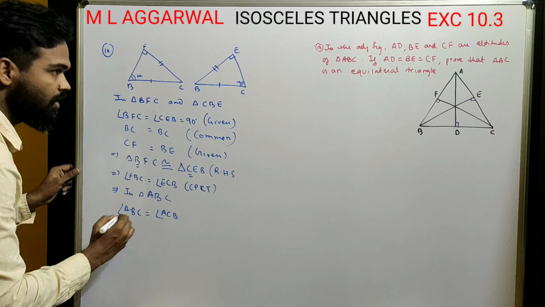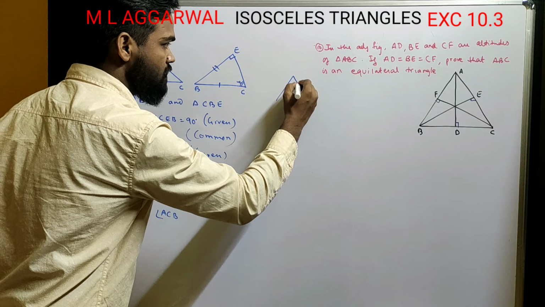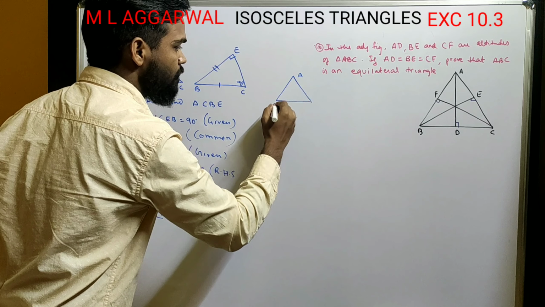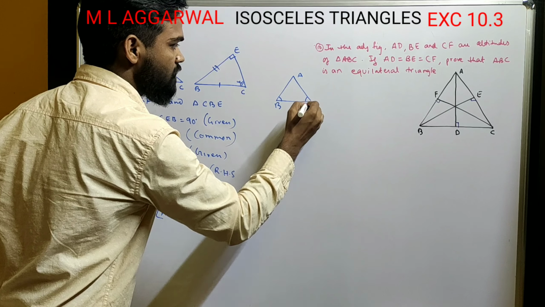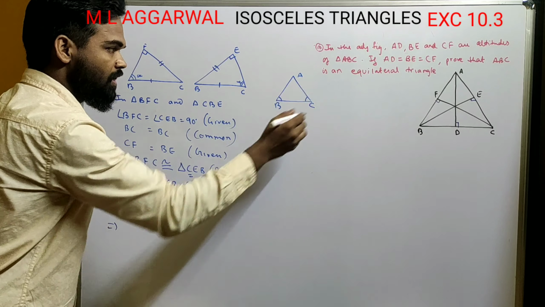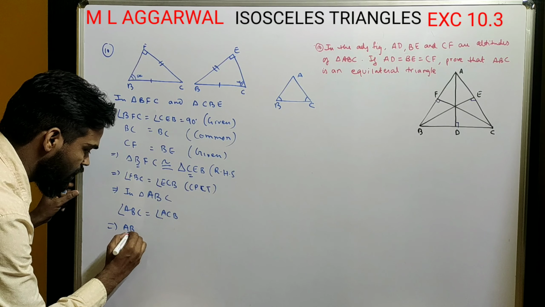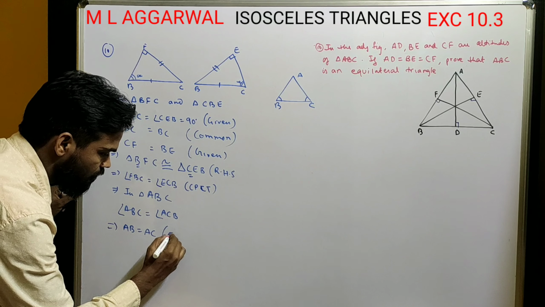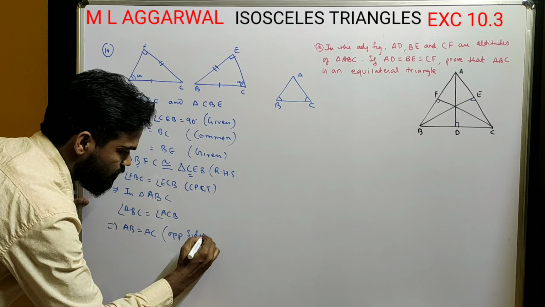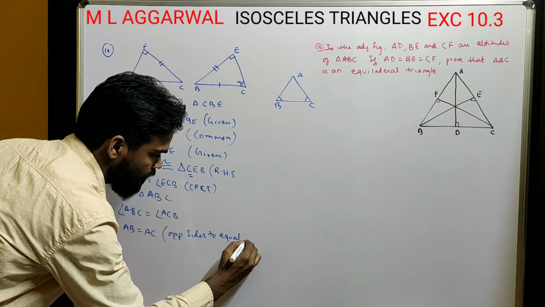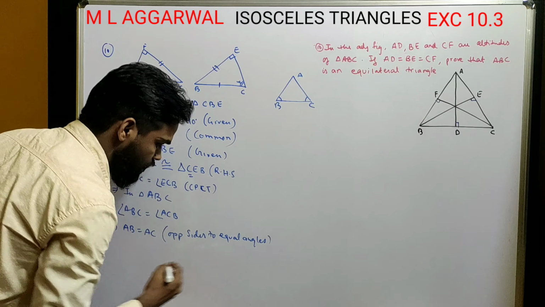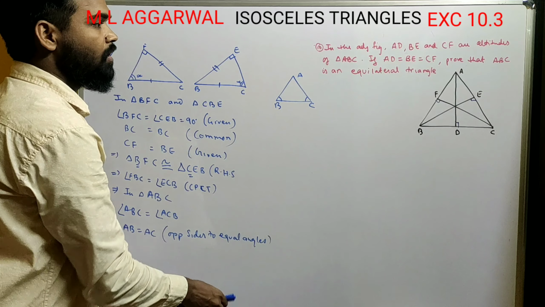Which means in triangle ABC, if I say this and this angle are equal, I mean AB and AC are equal, opposite sides to equal angles, they are equal, isn't it?